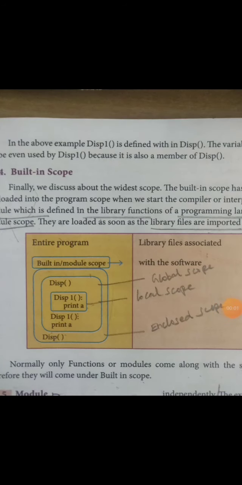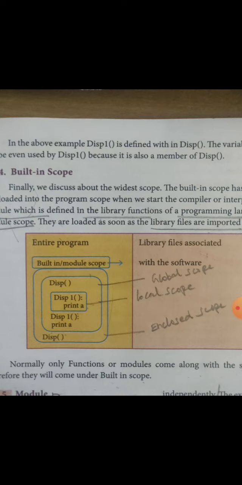In this example, display 1 is defined within display, that is, in the enclosed function. The variables defined in the display function can even be used by the display 1 function because it is also a member of the display function.